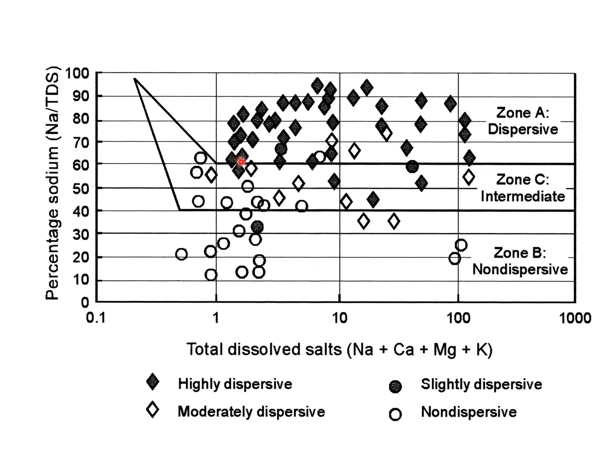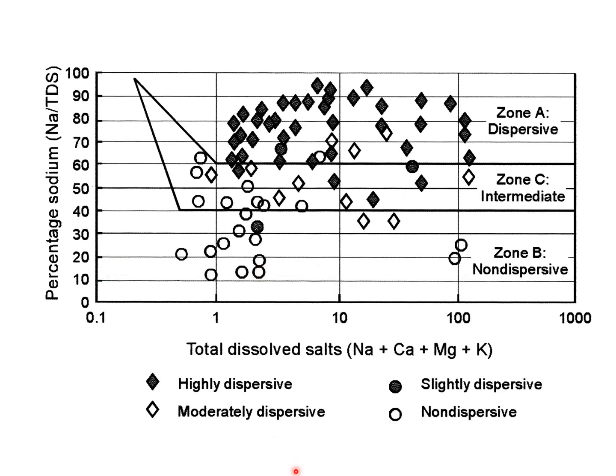So in this way we are having this region, zone A, then zone C, and then zone B. If your soil is falling somewhere in zone A, it means it is dispersive. If it is falling in zone C, it is intermediate dispersion, and non-dispersive if it is somewhere here.